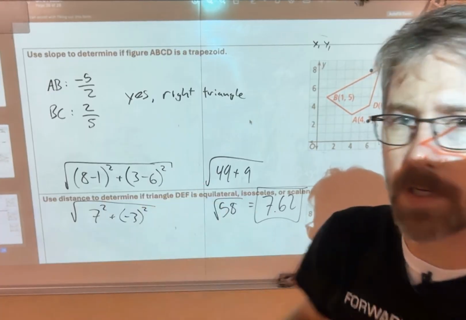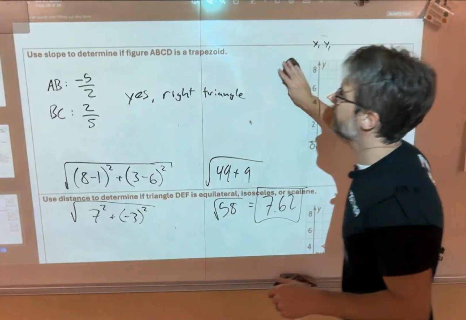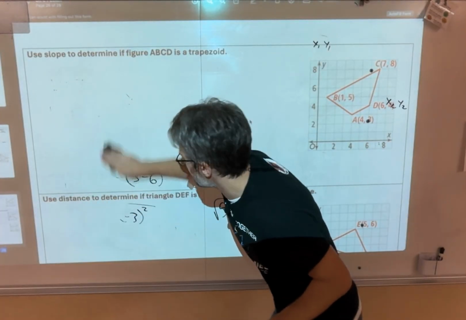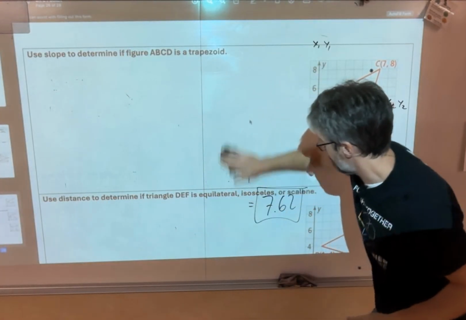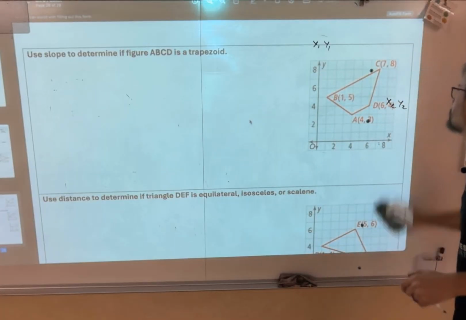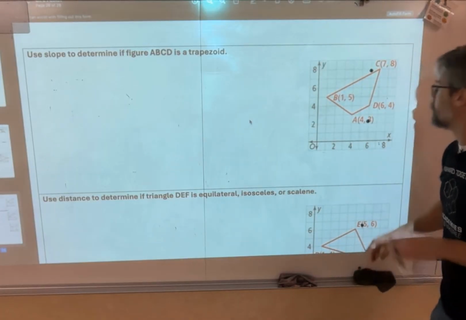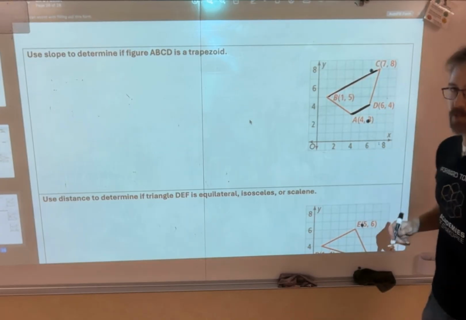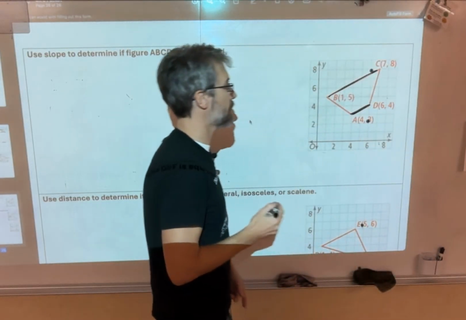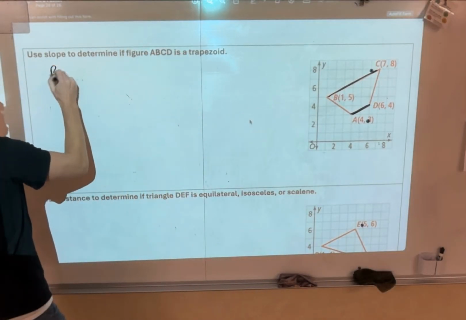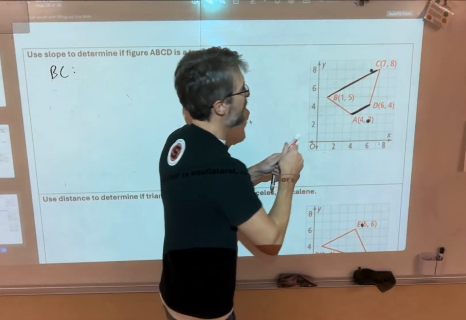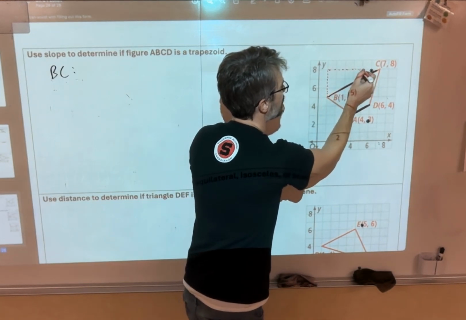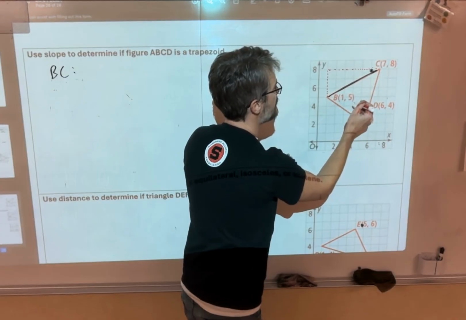All right, next one, using slope to determine if ABCD is a trapezoid. Looking at this one, it would appear that these two sides are our bases. If those are parallel, we know this is a trapezoid. So we're going to start with BC. If I count up and over, it's up 3, and over 2, 3, 4, 5, 6.